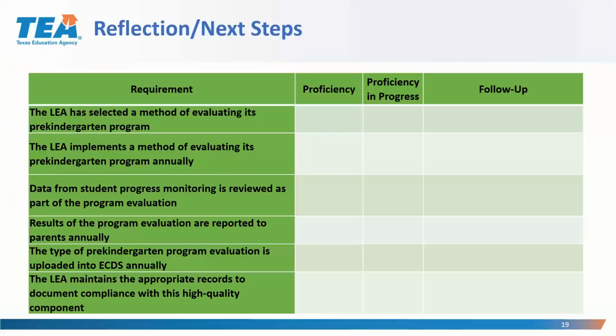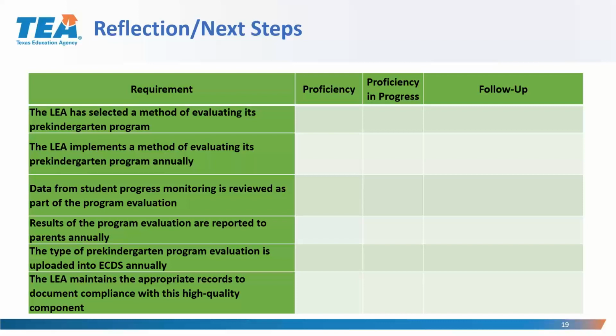I'd like for you to do some reflection now to determine your next steps with this high-quality component. This slide contains a checklist of the requirements that are associated with conducting a program evaluation.